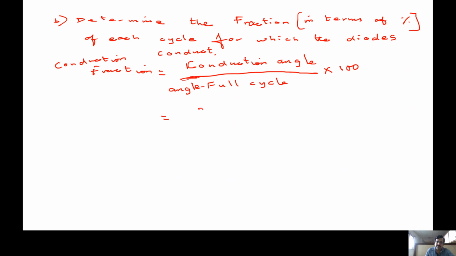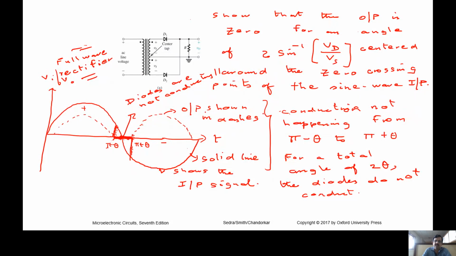So 2 pi minus 4 theta, divided by 2 pi, into 100. Now, in this problem also the input source V input is 12 volt RMS and R is 100 ohms.